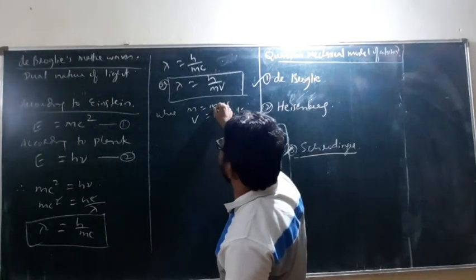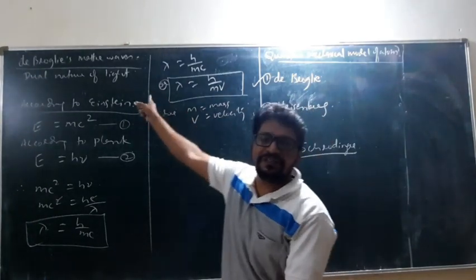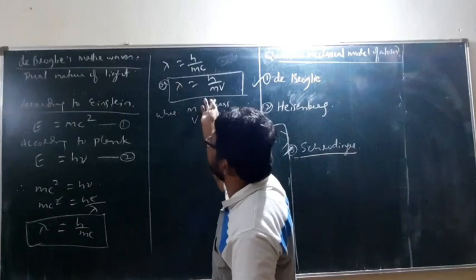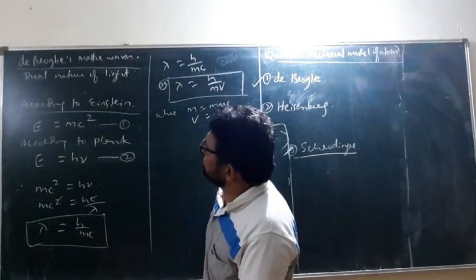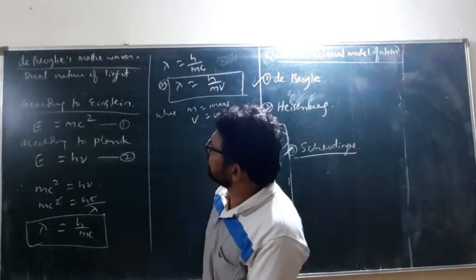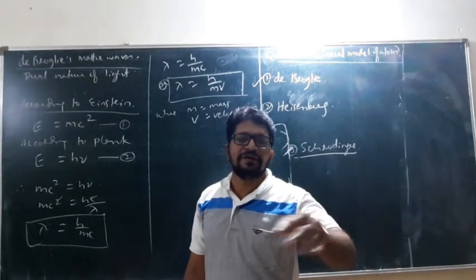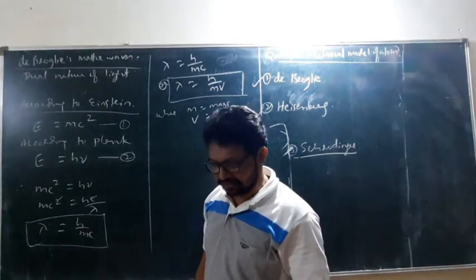So mass is for a particle, wavelength is for a wave. So this is dual nature, the dual nature of light. Or what are matter waves? Matter having both particle nature and wave nature is called matter waves.